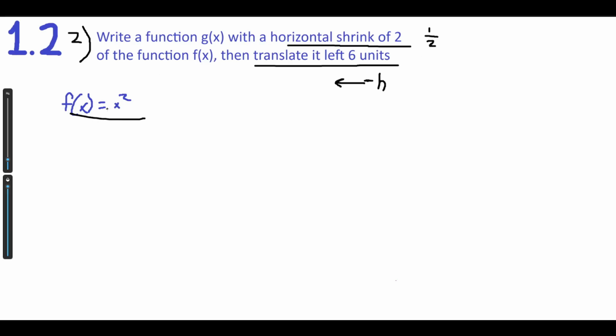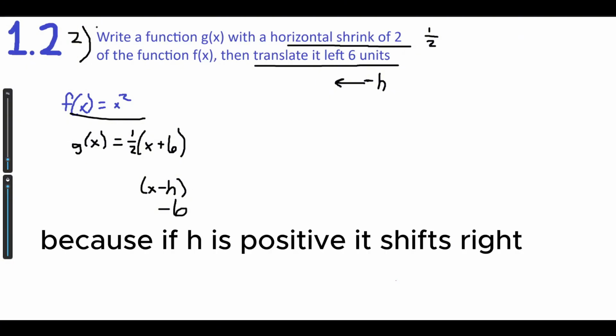So for g of x, we would write g of x equals 1/2 x plus 6, because we know it would be x minus h. So to make it go left, we would go negative 6. That's how we get this.